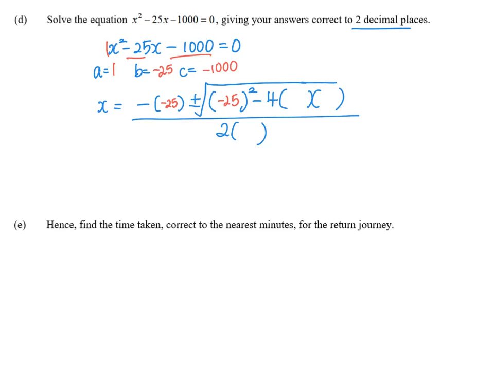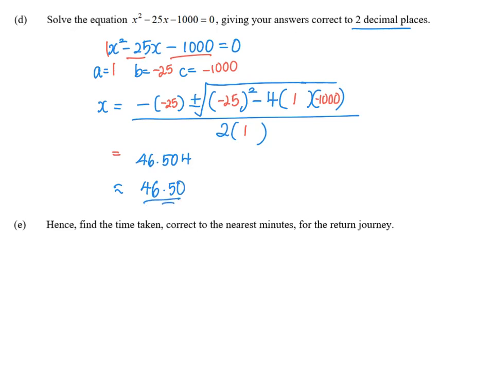B squared minus 4ac over 2a. Next, we are going to use our calculator for the answers. Okay, and we will be able to get one answer to be 46.504. Find SF first before I round off to 2 dp.